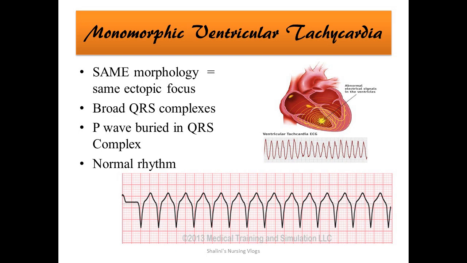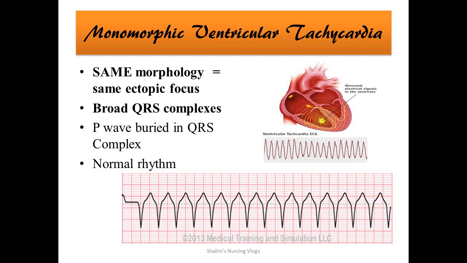When it is the same ectopic focus which discharges all the impulses, the QRS complexes will be similar, with the same morphology, and the QRS complexes will be broad. All the impulses are generated from this one particular place, so you have a similar morphology. P waves are buried in the QRS complex and it has a normal rhythm. So that is monomorphic ventricular tachycardia.